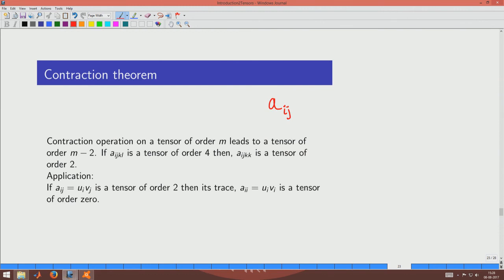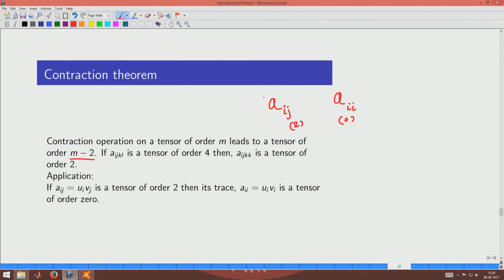If I repeat the index, that means if I say a_ii, what I have done is a contraction operation over the indices i and j, and the number of free indices here is 2 and this is 0. Whenever we do a contraction operation, we reduce the order of the tensor from m to m minus 2. The theorem says that whenever you do a contraction operation of a tensor, the resultant quantity is also a tensor, but the order is m minus 2.